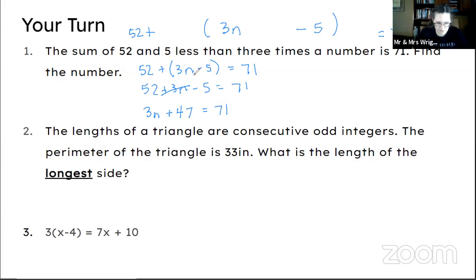52 minus 5 is 46. Okay, this is why you want to make sure you use your calculator. 52 minus 5 is 47. I typed it into my calculator wrong.